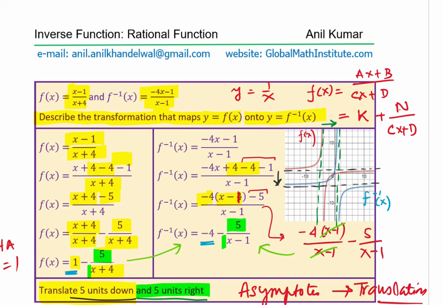And stretch factors can be seen as a coefficient of x, and those will be dealt with in different examples. However, if they are the same, that means there is no change in the horizontal and vertical stretches. Perfect. So I hope the steps are absolutely clear.